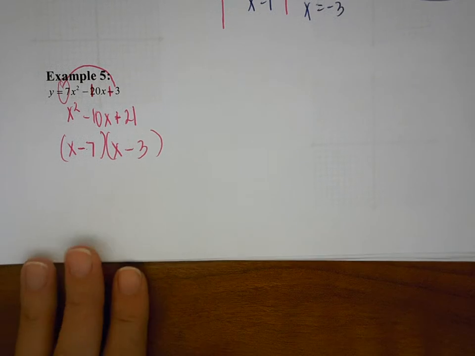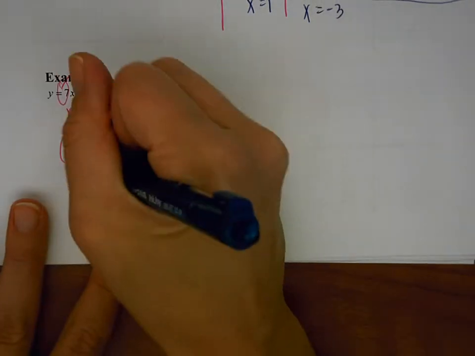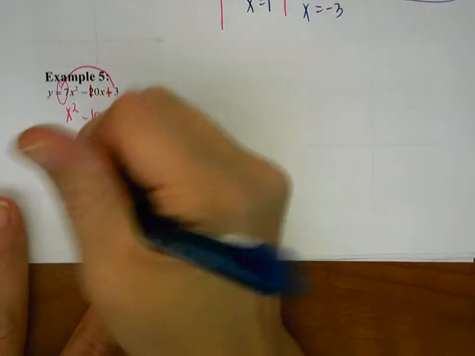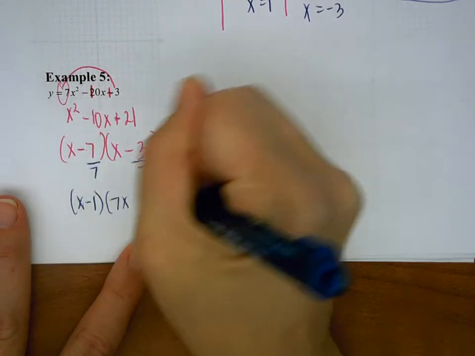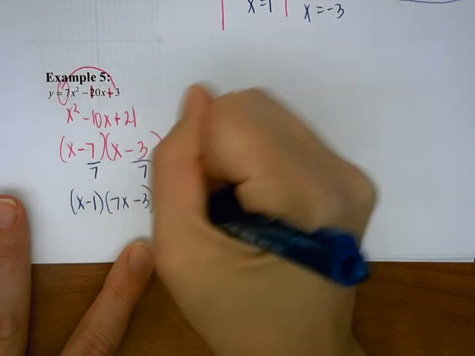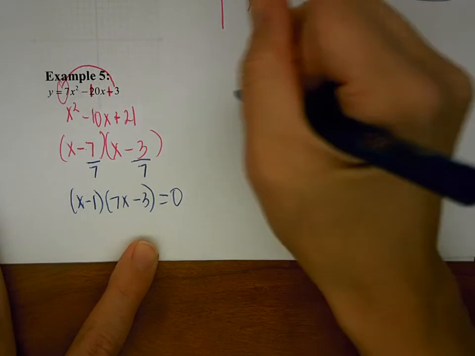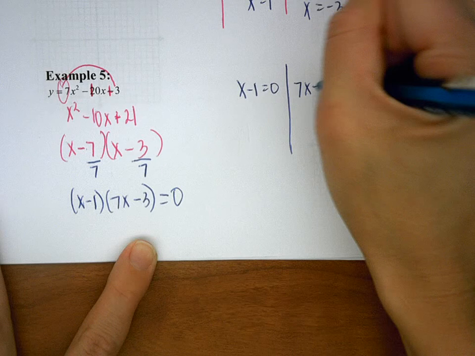Am I good now? Very good. I was trying to trick you. Under by 7. Okay, and we reduce and we get? Good. And we set those equal to 0? So we get x minus 1 equals 0, and 7x minus 3 equals 0.